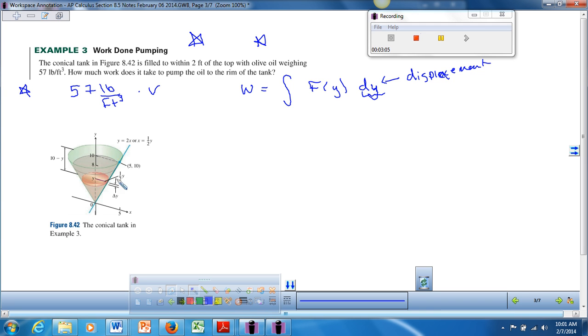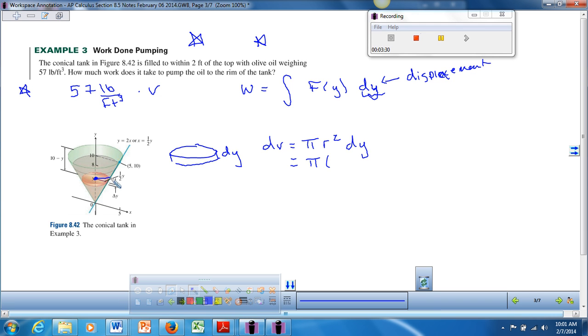All right, and as with everything in calculus, we take a tiny little slice. We have our cylinder, and the height of the cylinder is dy, and the volume of that little slice is going to be pi r squared dy. And what is r going to be? 1/2 y.